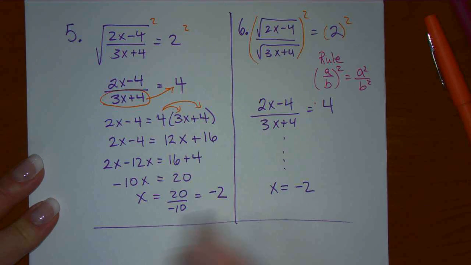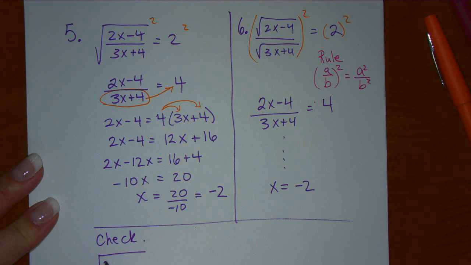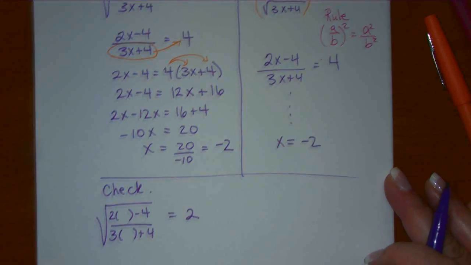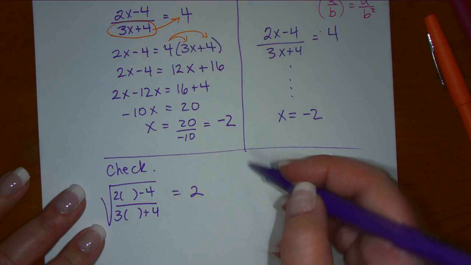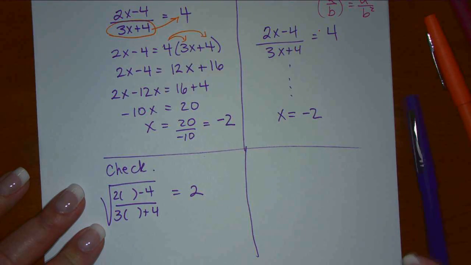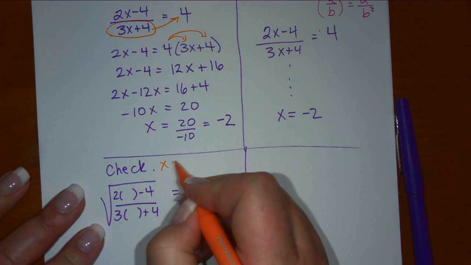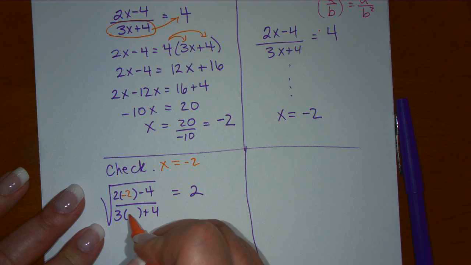So if we were to check, take number 5. Checking number 5, take out all the x's, and in their place we're checking x is -2, so plug -2 in here and here, and then work it out.